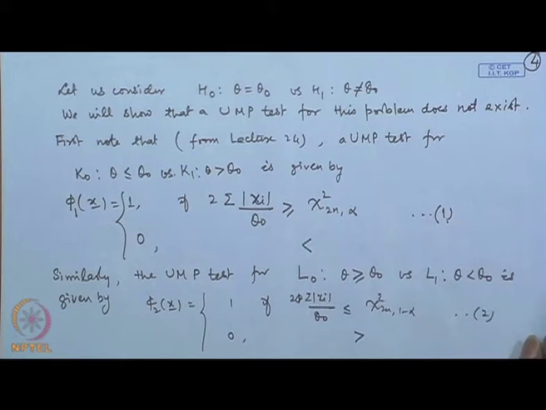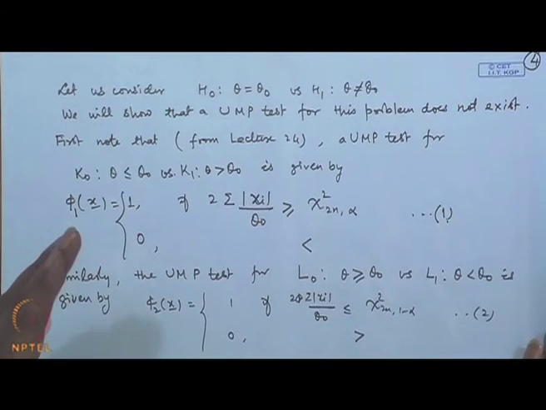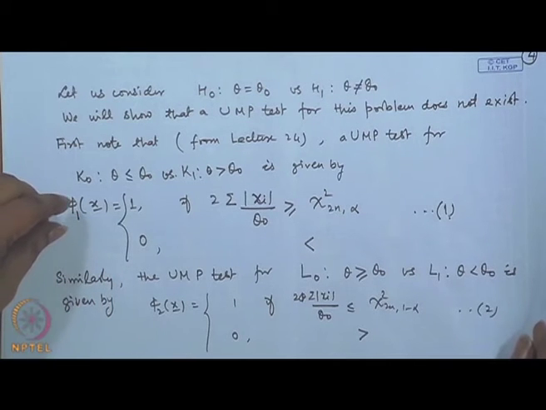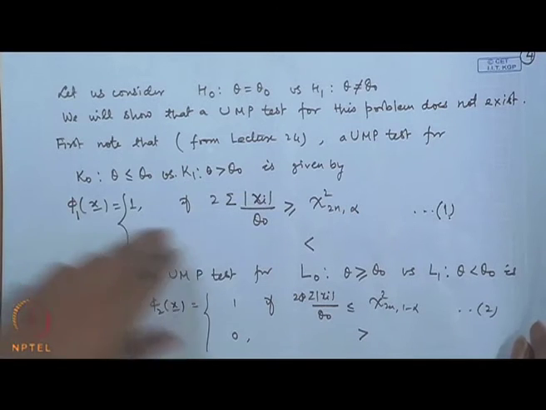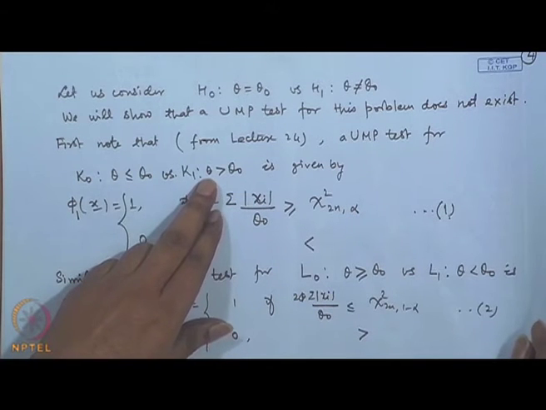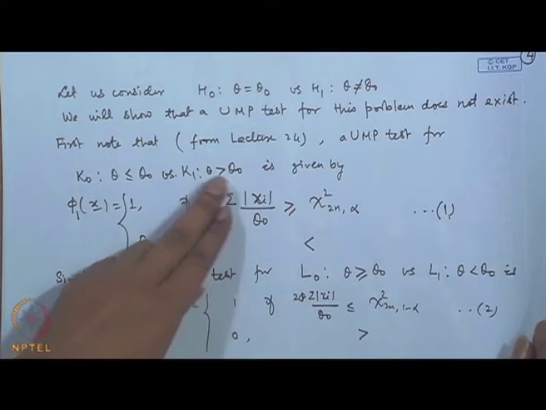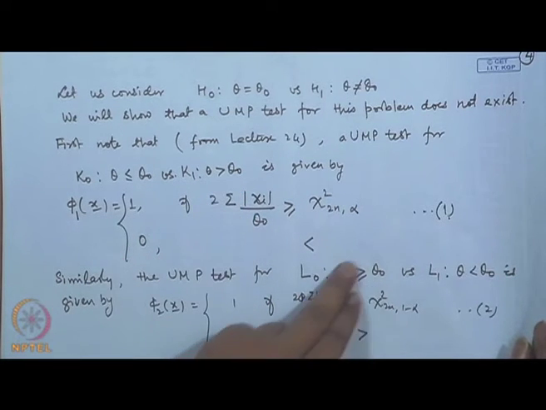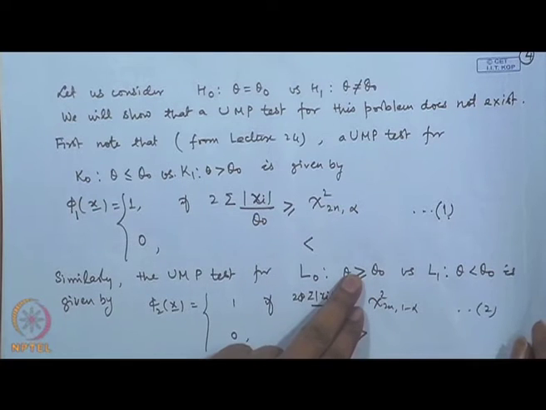Now, by the property of the UMP test, if I look at the power functions, then the power function of this will be having the values in the theta greater than theta naught region. Now, theta greater than theta naught region is the region of the null hypothesis for the H naught.